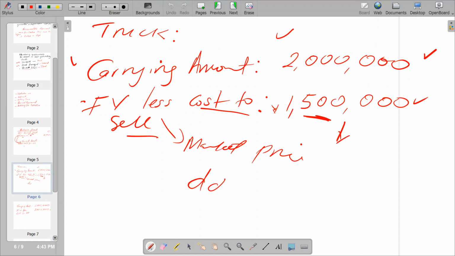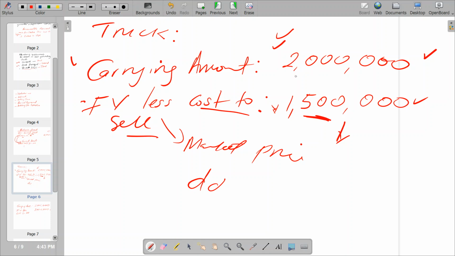So let's start with this. Here you can see that the carrying amount is more than the fair value, so it means there's an impairment. Remember we said impairment is when the carrying amount is more than the recoverable amount. So here you can see there's an impairment.